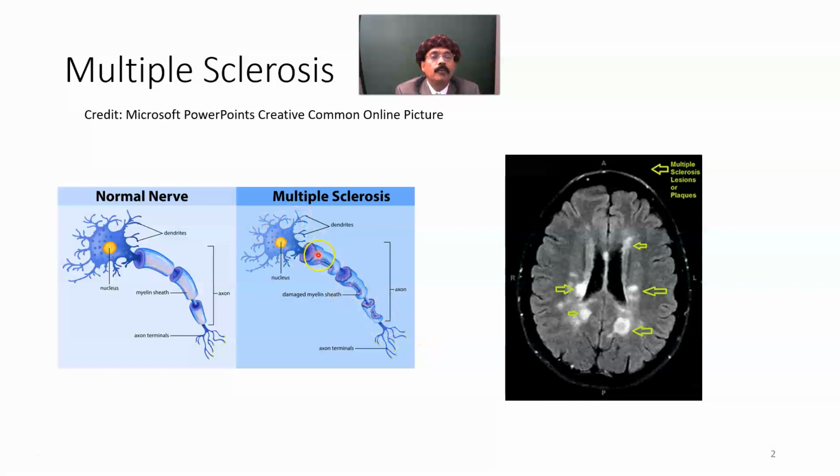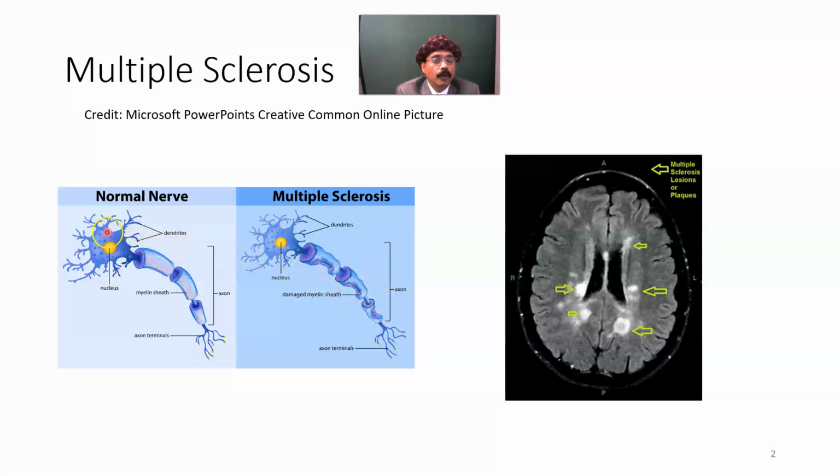There is an autoimmune mechanism: the T cell secretes cytokines, and the B lymphocyte secretes some type of chemicals that will attack the myelin sheath, and the myelin will be destroyed. So there will be no saltatory movement of the nerve impulse.